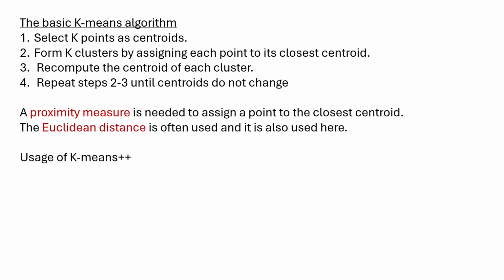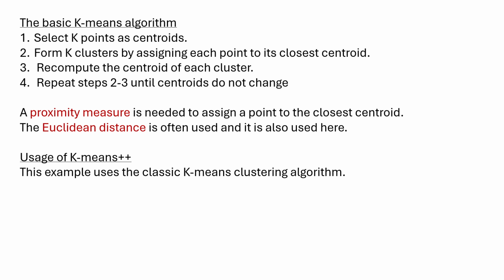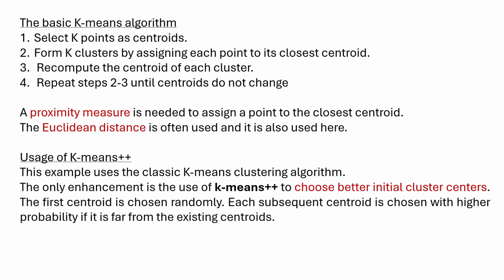Usage of k-means. The example in this presentation uses the classic k-means clustering algorithm. The only enhancement is the use of k-means plus plus to choose better initial cluster centers. The first centroid is chosen randomly. Each subsequent centroid is chosen with higher probability if it is far from the existing centroids.